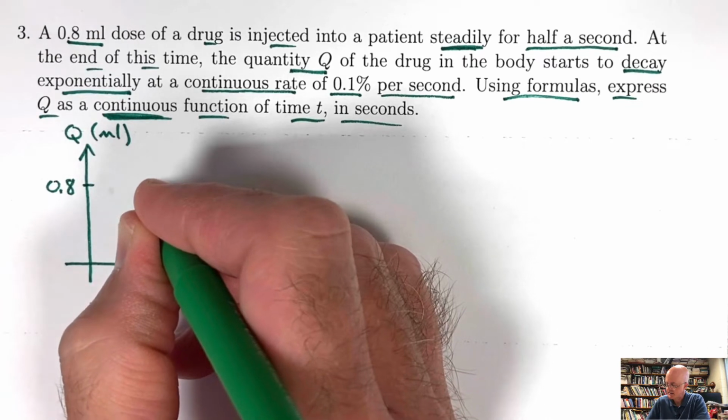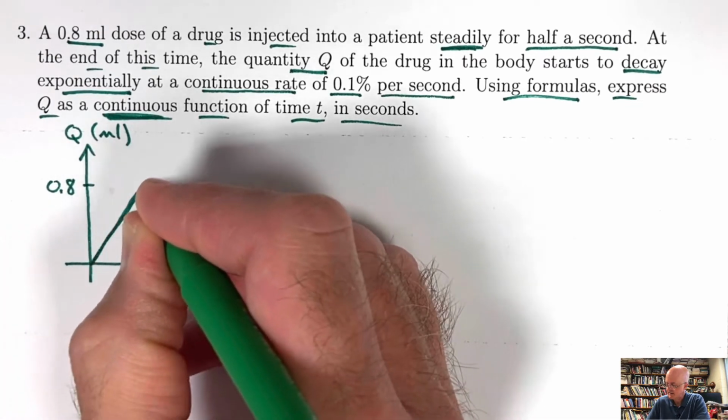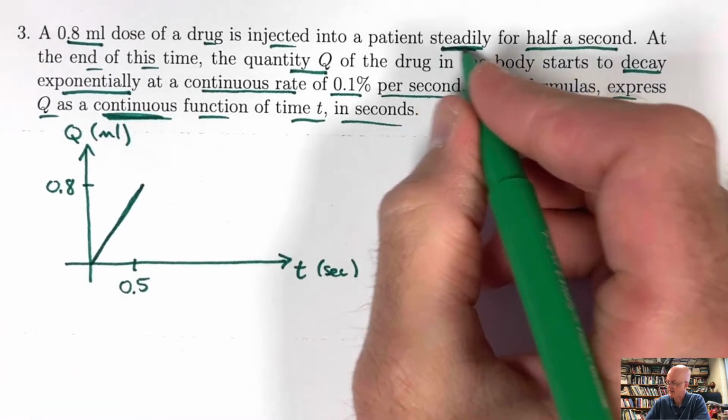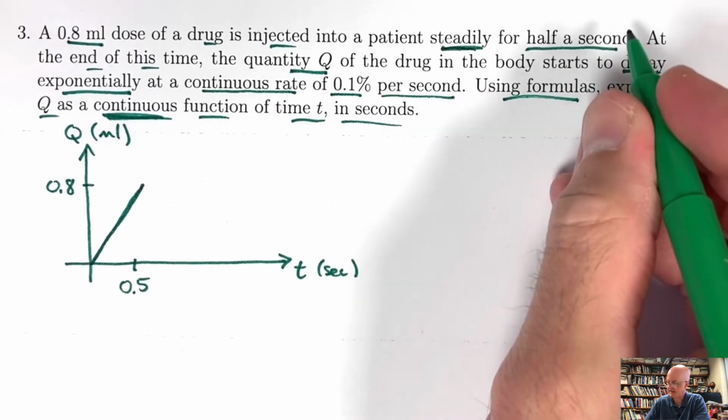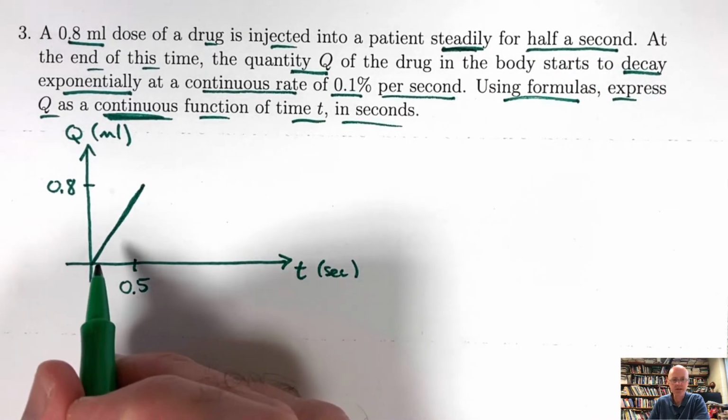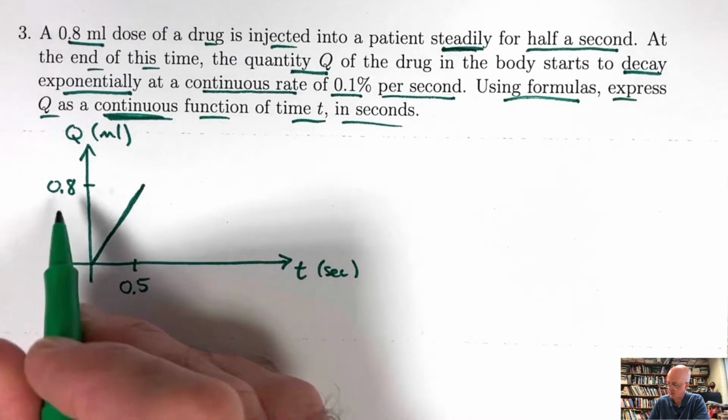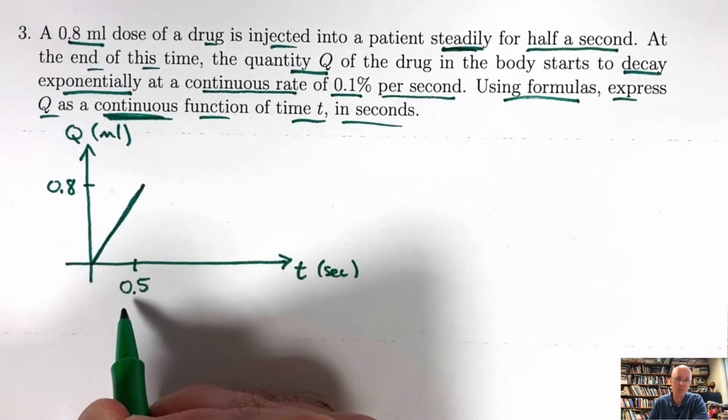Like this. Okay, that's the fact that it's going in your body steadily for half a second. What would the slope of this be? Rise over run, 0.8 divided by 0.5 would be 1.6. 1.6 milliliters per second would be the slope of that line.